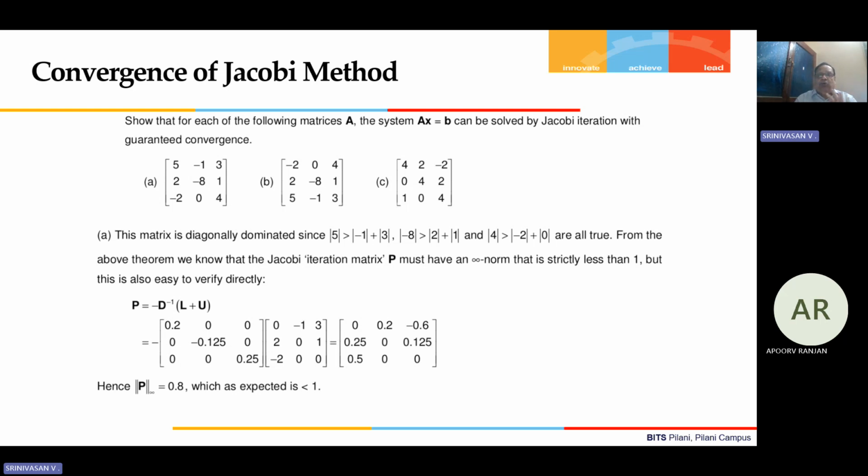Now, convergence of the Jacobi method. For convergence of the Gauss-Seidel method, you had C equal to minus of I plus L inverse into U, which is just a notation.